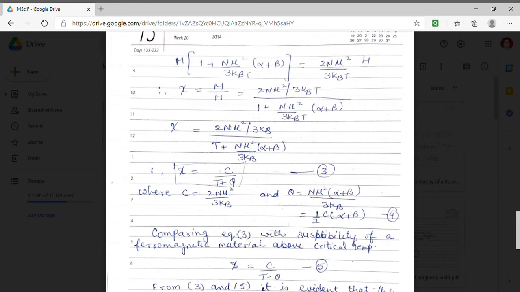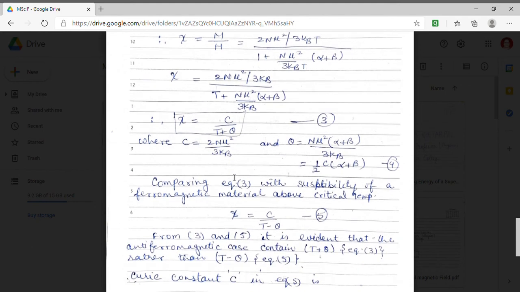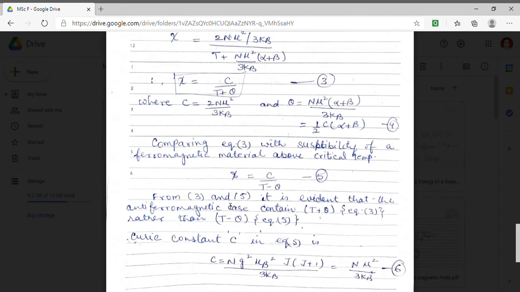This is the susceptibility for antiferromagnetic material, and we have already obtained the susceptibility for a ferromagnetic material to be chi equal to C upon T minus theta. On comparing these two, it is clear that in an antiferromagnetic material there is a term T plus theta, whereas in a ferromagnetic material there is a term T minus theta, and C is the Curie constant.